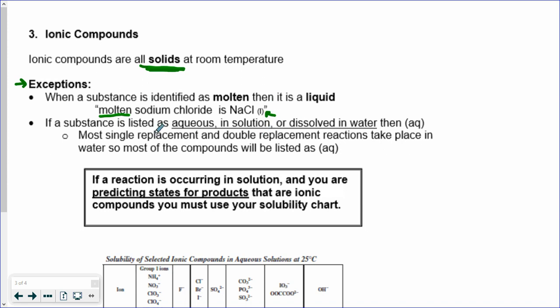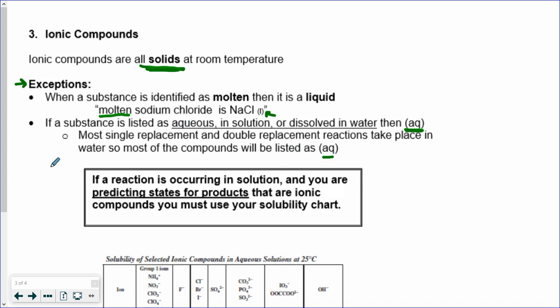If a substance is listed as aqueous, in solution or dissolved in water, then again we use AQ as our state. Most single replacement and double replacement reactions take place in water, so most of the compounds will be listed as aqueous.